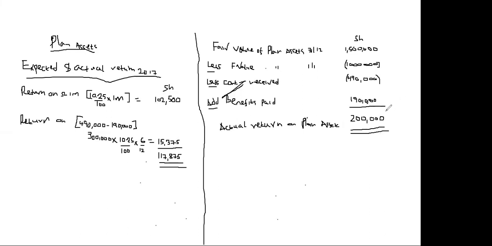So maybe if I may ask the members, has there been an actuarial gain or loss, looking at what was expected and what we have actually found out? Is it an actuarial gain or an actuarial loss?